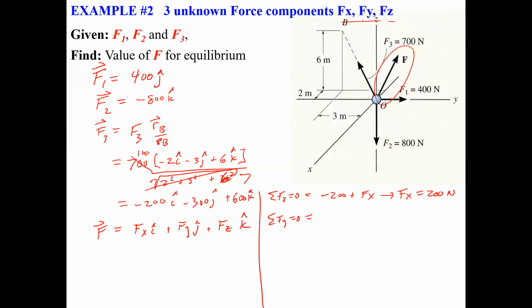And the sum of the Fy equals 0, okay, all the Fy's. What do we got in terms of y's here? Yeah, you got 400, and F3 has a minus 300, and we have Fy there. Therefore Fy is going to equal minus 100.